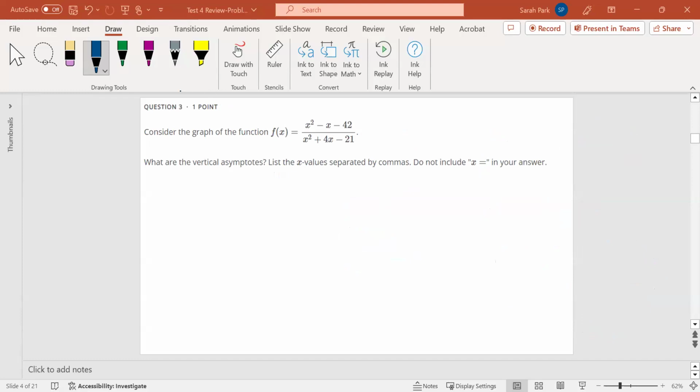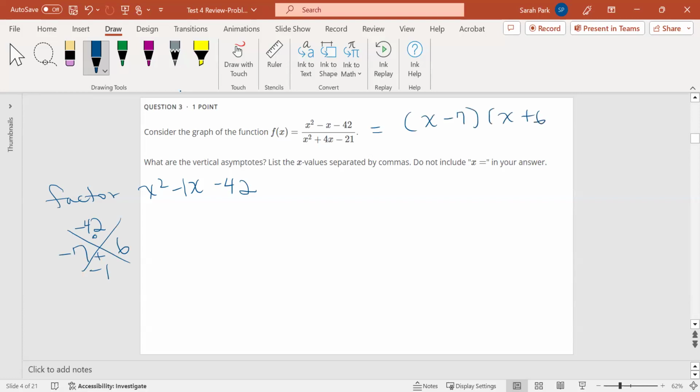So if we factor x squared minus x minus 42, okay, the product is negative 42 and the sum of the b term is negative 1, so the numbers are negative 7 and 6. So the numerator factors as x minus 7 and x plus 6.